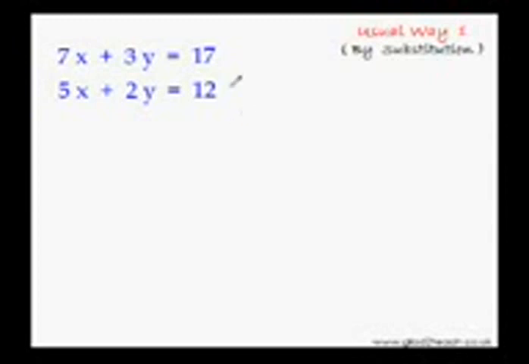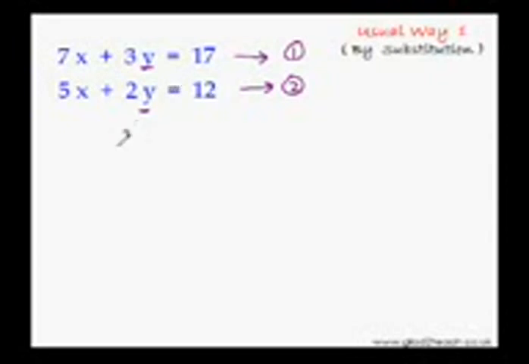Okay, so let's first name these equations. Let me call this first equation as 1 and the second equation as 2. What we have to do is find the value of y from this equation and substitute it into the other equation, and this way we would eliminate y. So 5x plus 2y equal to 12.